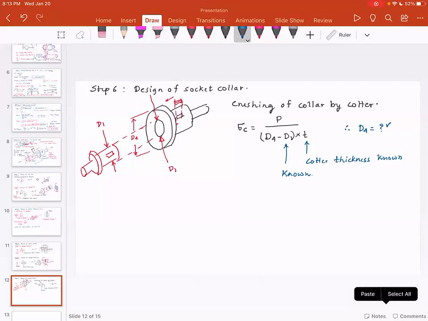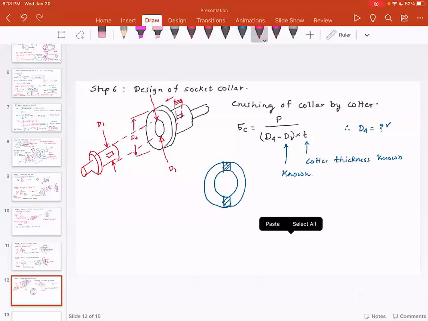Now, just to give you a view of the failure area, so check this out. This is where the failure is occurring. So this is D1. This is D4.